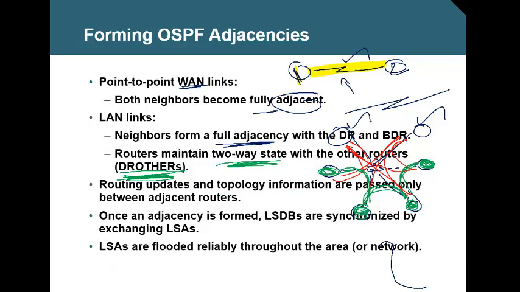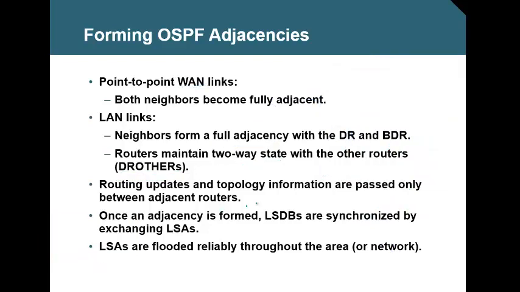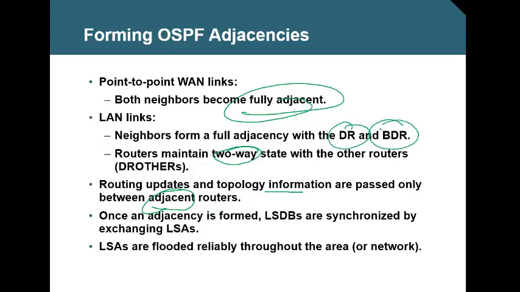What does it mean? Routing updates and topology informations are passed only to those routers where full adjacency is formed, not to the one which is in two-way state. So route updates and topology informations are sent only to DR and BDR, because to DR and BDR only we have full adjacency.